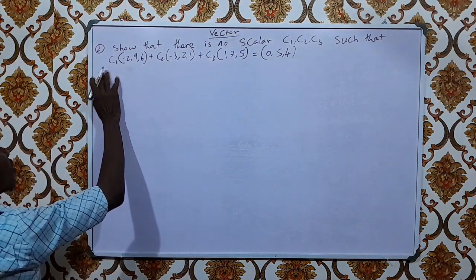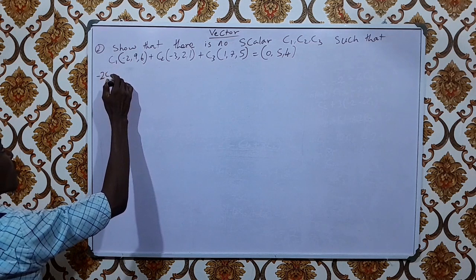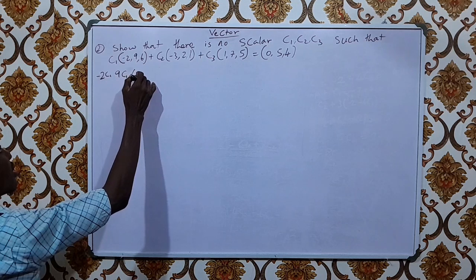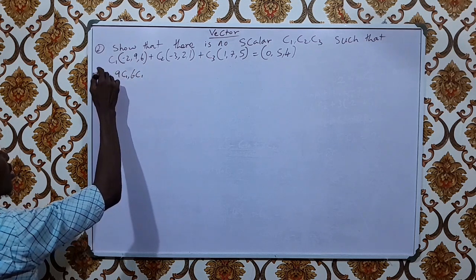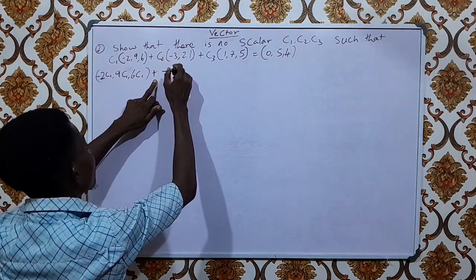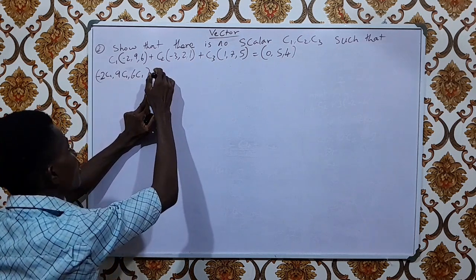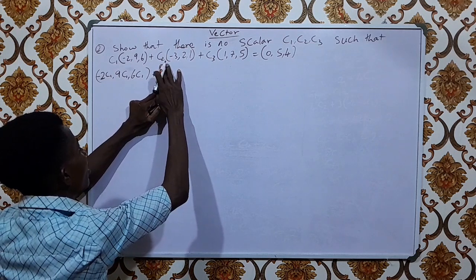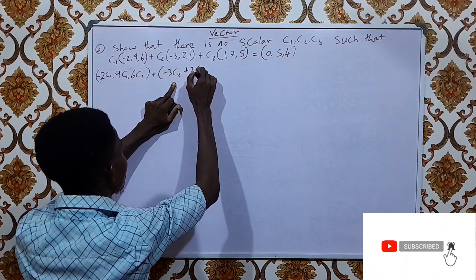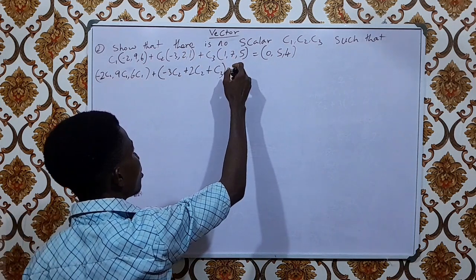We now have minus 2C1, 9C1, 6C1. If we open this bracket, let me still put plus here. We now have minus 3C2 plus 2C2 plus C2, due to here is 1. We close.